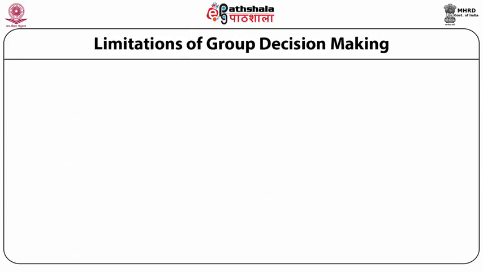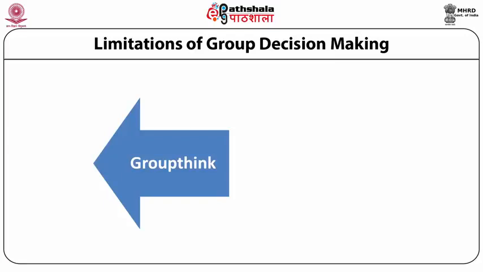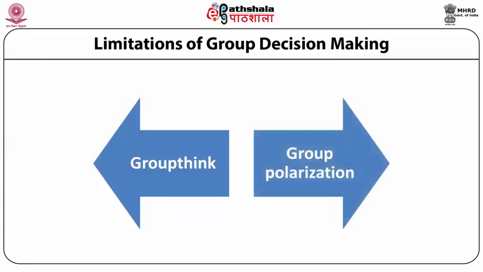Apart from the various advantages of group decision making, there are certain limitations also which can take place in group decision making. This is visible in the nature of two concepts, one of which is called groupthink and the other is called group polarization.